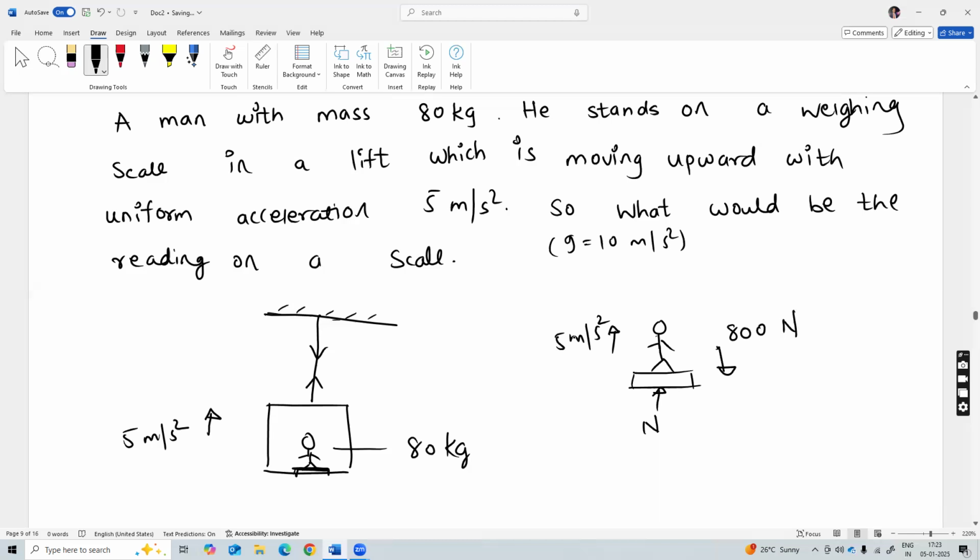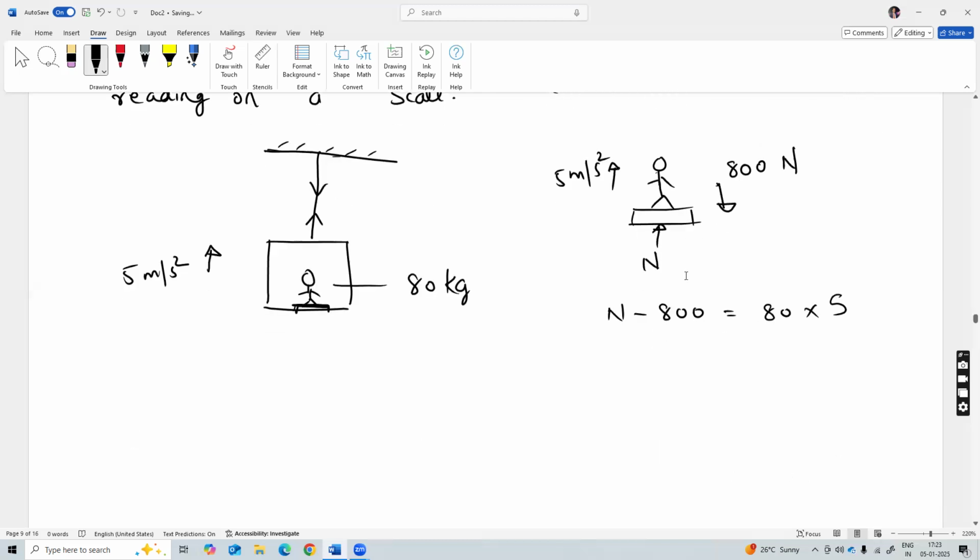So since he's moving in upward direction, N minus 800 is equal to ma. m is 80 into 5 is the acceleration, so it will be equal to 400 plus 800, and it will become 1200 Newton.